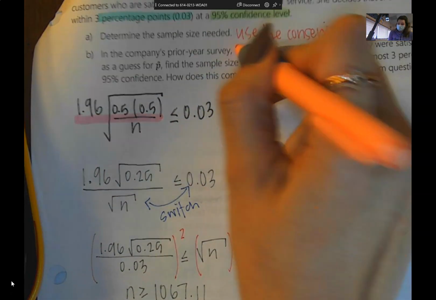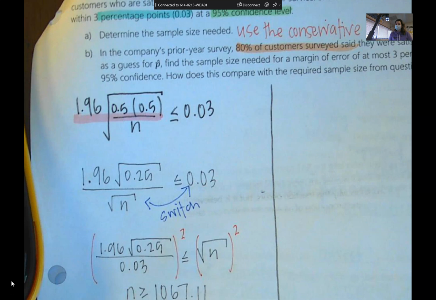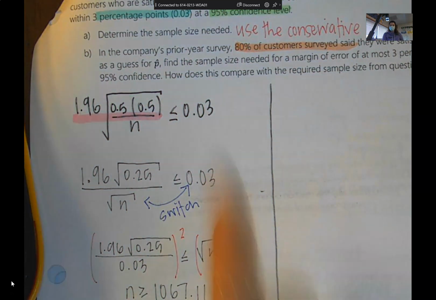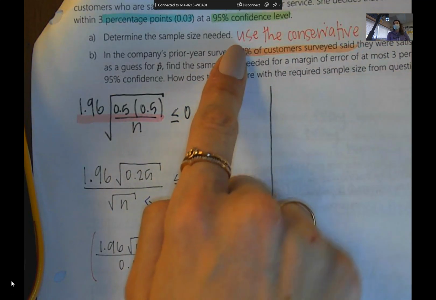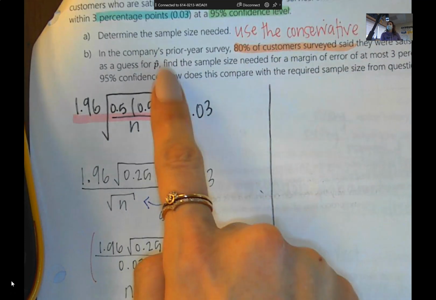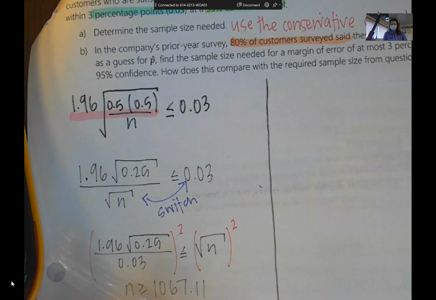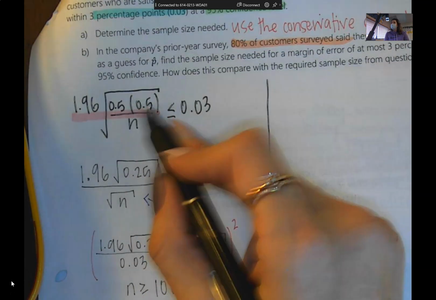So this time, they're saying use 80% as your p hat. The first one, they didn't tell us what to use. This second one, they're specifically saying use 80%. So it's going to look exactly the same except for what's under the root.